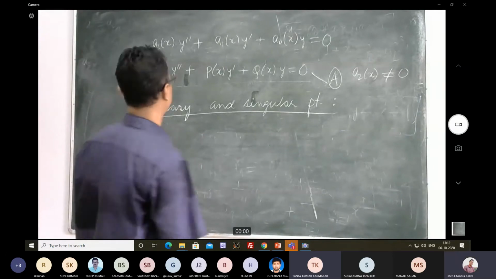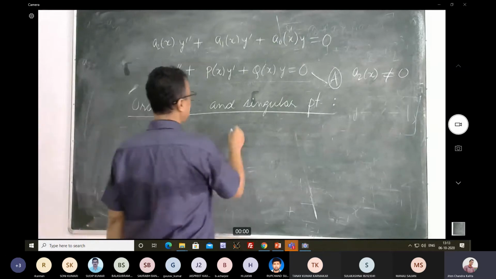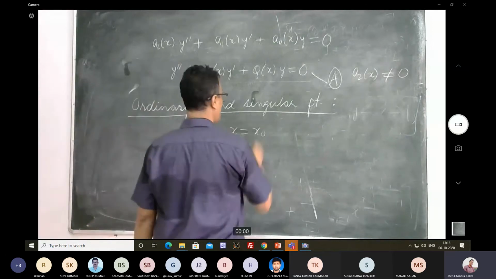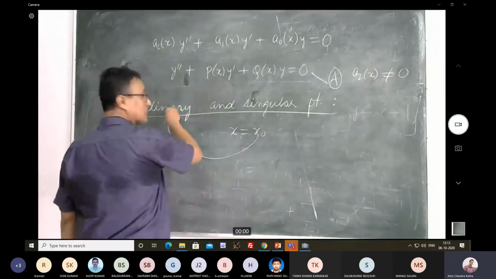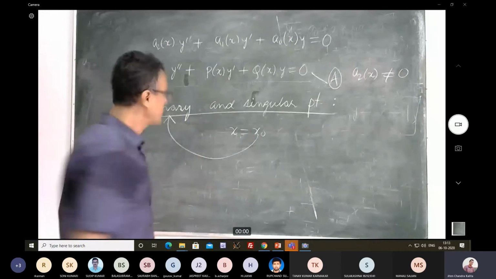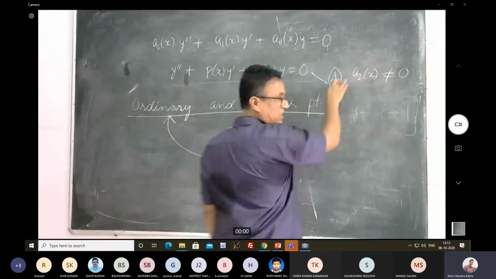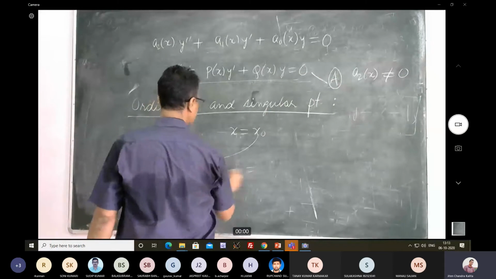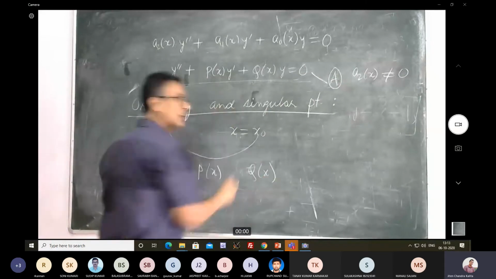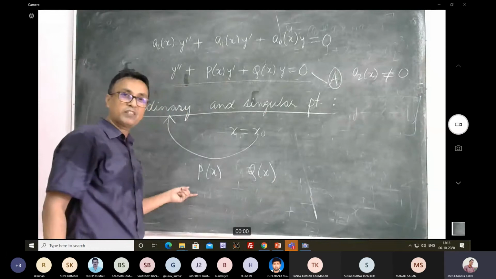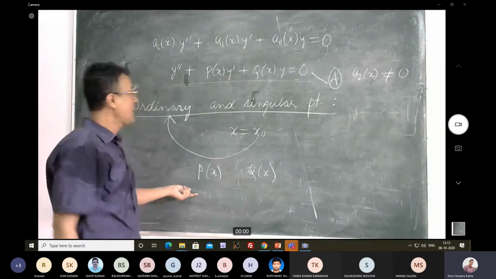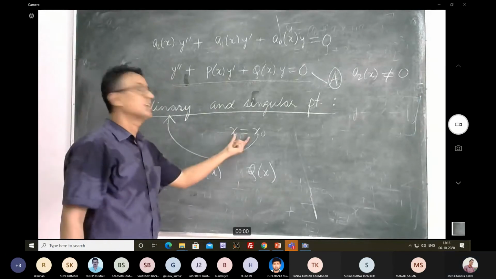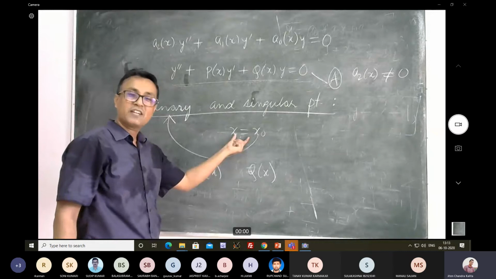Yeah. So basically, a point x equal to x naught is called an ordinary point for this differential equation if both P(x) and Q(x) are analytic about the point x equal to x naught.